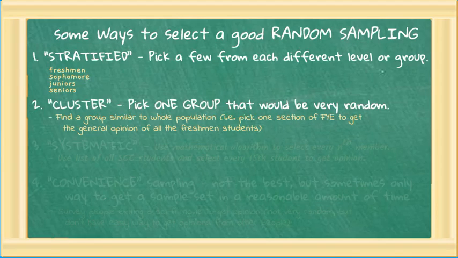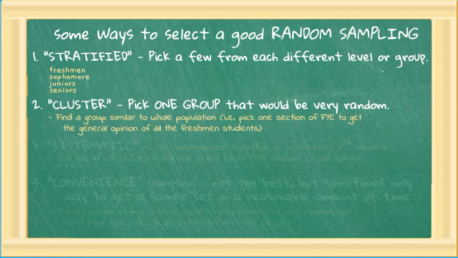All right. Another one's a cluster, and we kind of pick a group that should have some of everything in it. Okay. So let's say here at South Central, we're going to pick someone from our group of first-year experience class. Now that would work as long as our survey is about incoming freshmen. We want to know what they think of the college or something that applies to that grouping.